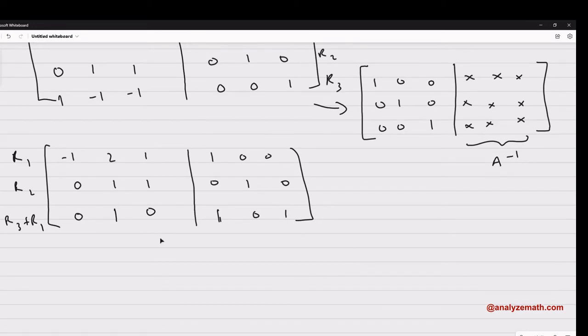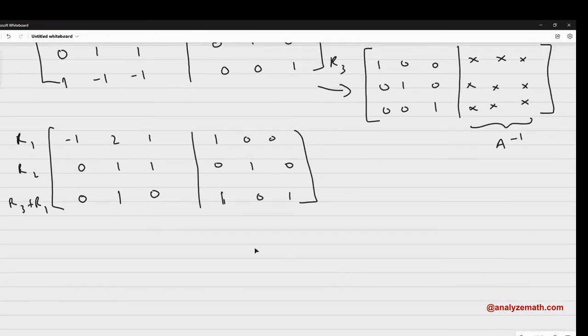We need the 0 here, and this is very simple. We can go, for example, R3 minus R2. Again we change notation, so this is R1, R2, R3.